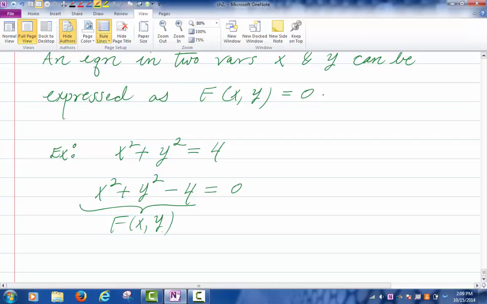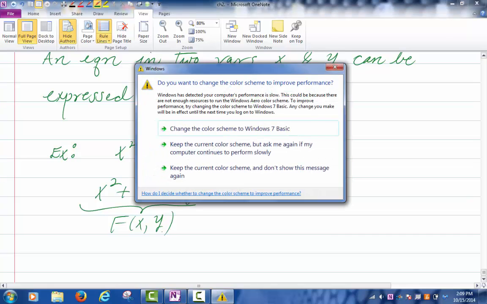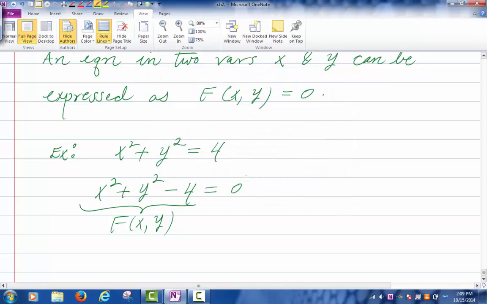Now, what is this f of x, y? That's actually a function of two variables. When you go to Calc 3, you'll see functions of 2 variables, 3 variables, 1,000 variables. What is an input value for a function like this? The input value is a point, so an x value and a y value, and the output value is just a real number.